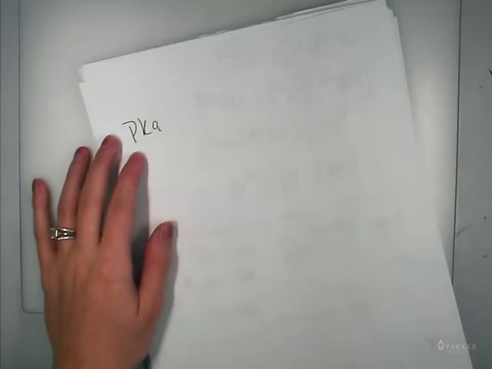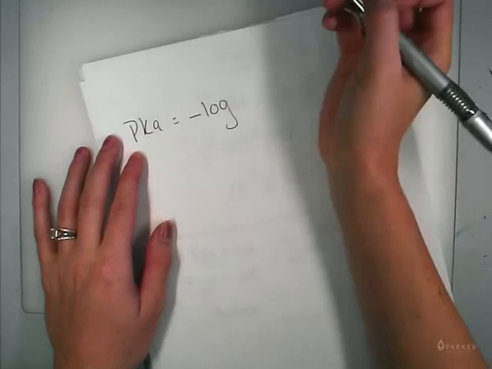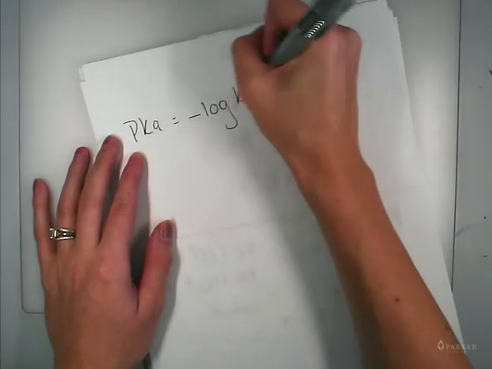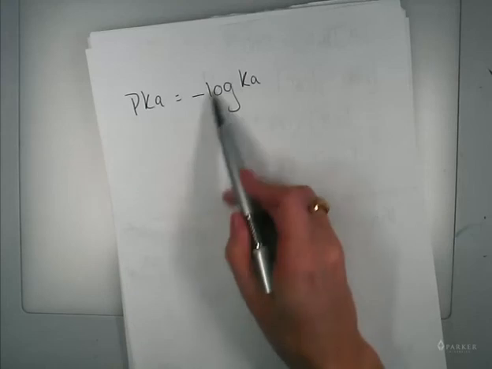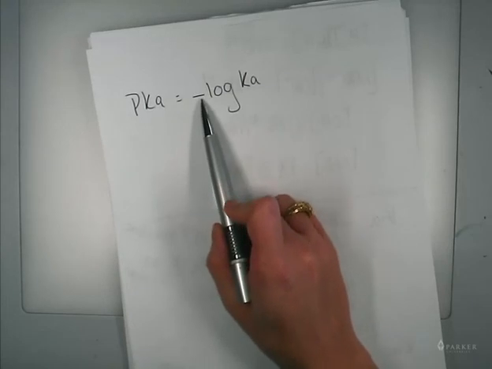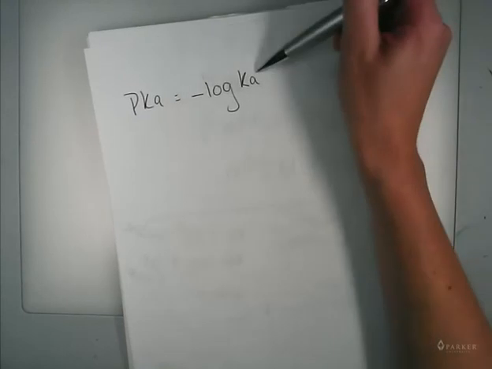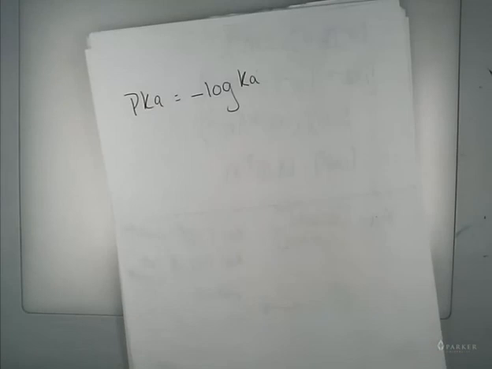What does P stand for? Negative log. So I'm going to take the negative log of Ka. And if it was Kb, I'd be taking the negative log of Kb. Now, do you see this negative sign here? That means it's going to be the opposite trend. So if my Ka is large, then my pKa will be small.